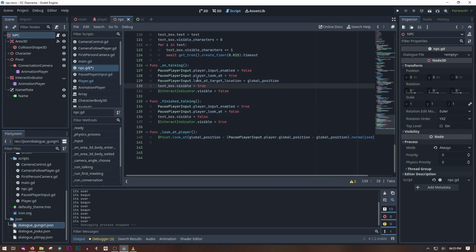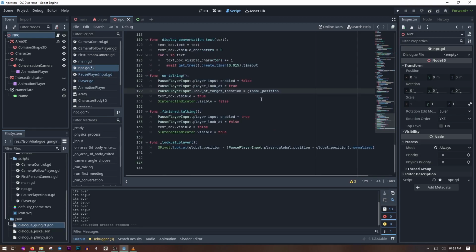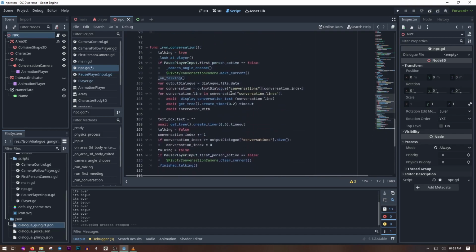Because every time you talk to an NPC, this will run again, and it will update the look at target location variable. So as long as this is there for any on talking thing function.